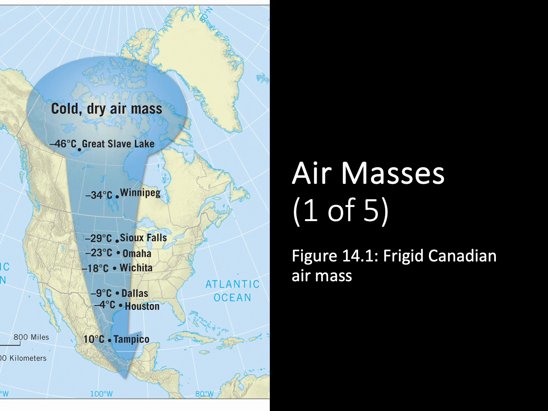But this air mass is going to start moving south across America and then into Mexico. And you'll notice that as it's moving south, this cold air mass is starting to warm up. By the time it reaches Mexico, it's gone from negative 46 degrees in temperature all the way up to a positive 10 degrees. But as this air mass is moving across North America, it's going to be causing different forms of weather as well.